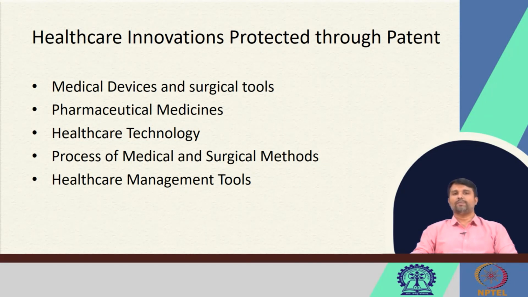They can also be protected through the patent law. Then the various processes of medical and surgical methods may also be patentable in some jurisdictions, but some jurisdictions have a lot of limitations with regard to what could be protected in the healthcare sector. We will be seeing this in detail in the coming lectures. Then healthcare management tools can also be protected as an invention under the patent law.